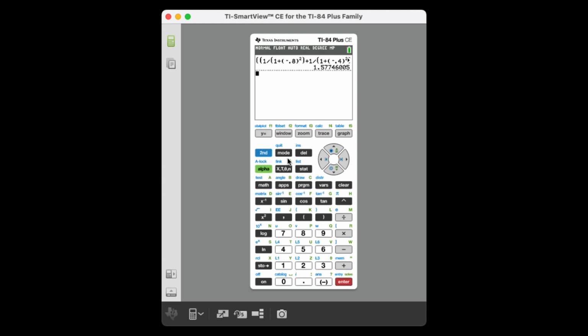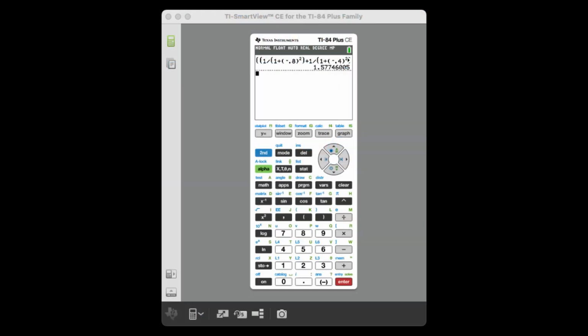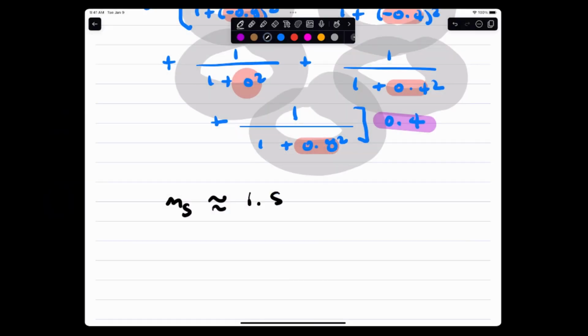There we go. So M5 is going to be approximately 1.57746. Anybody have the other values in your calculator? 1.5 what? I want to see a better decimal place. 577. I don't know, 577, whatever.